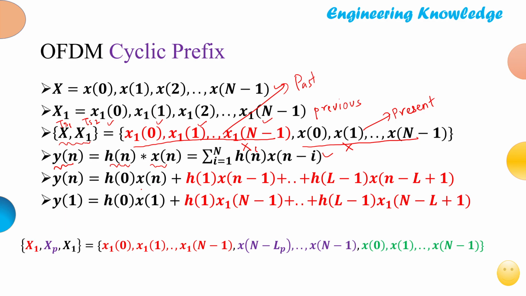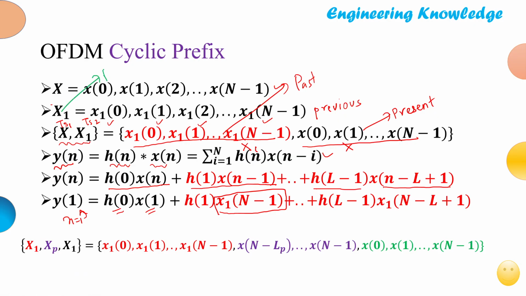So y of n was h of 0 x of n, h of 1 multiplied by x of n minus 1, up to h of l minus 1 x of n minus l plus 1. If I put n equal to 1 here, it will be h of 0, x of 1, and the n minus 1 term was from the past symbol.